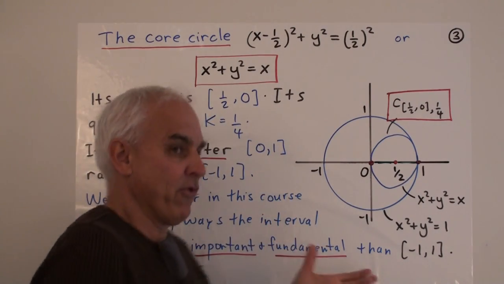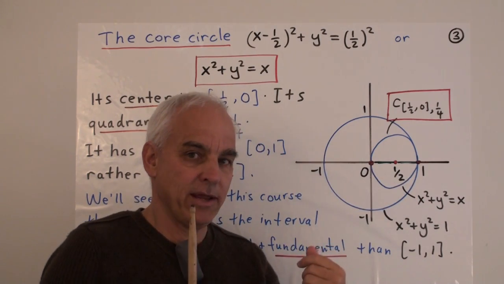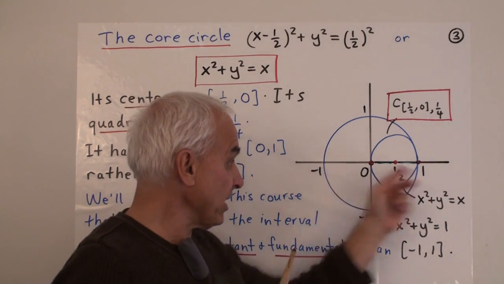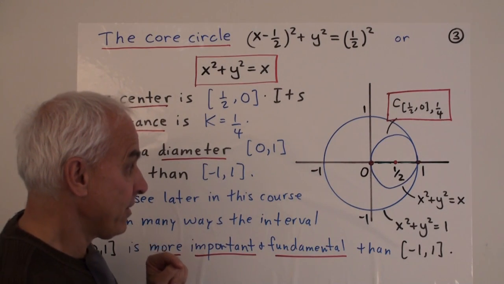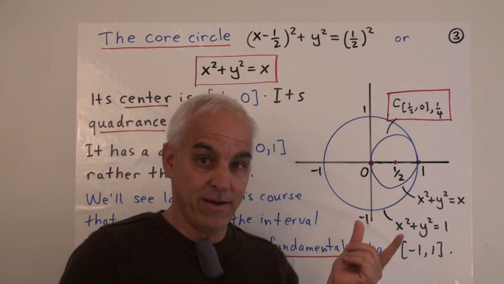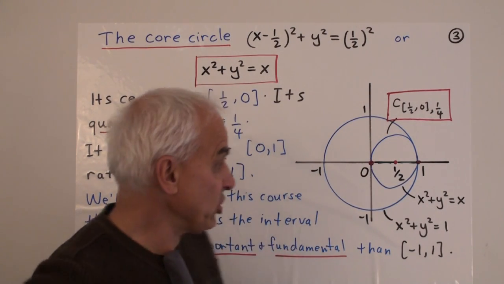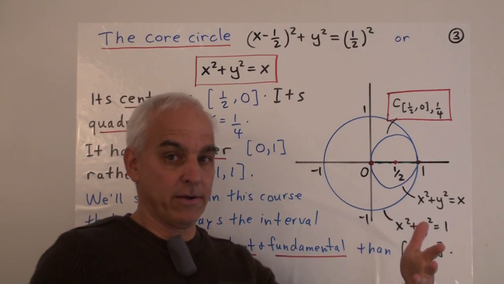That doesn't prove anything, but it's suggestive that perhaps this interval 0, 1 actually really is more important than the interval -1 to 1. Which would be then followed by the idea that, okay, maybe this circle, which is built on the interval 0, 1, deserves at least as much attention as our much more familiar unit circle that we're always drawing.